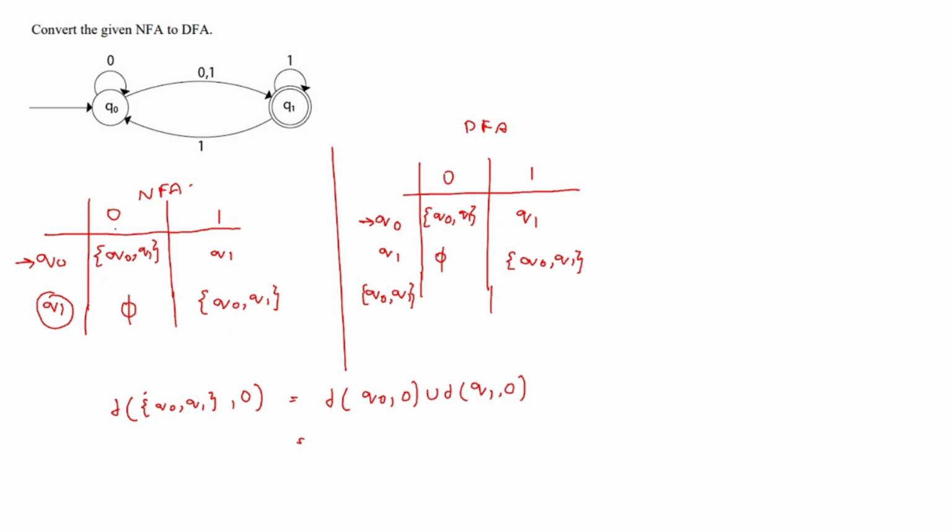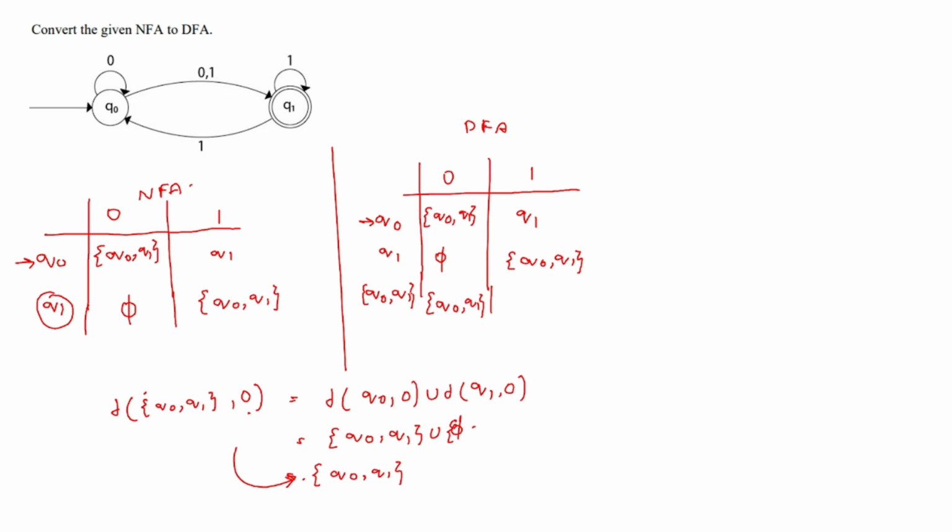Delta of Q0 on 0 is Q0, Q1, union delta of Q1 on 0. Q1 when applied with 0 is an empty set, so it is phi. So the union is the same thing, Q0, Q1. So Q0, Q1 when applied with 0 stays on Q0, Q1 itself.